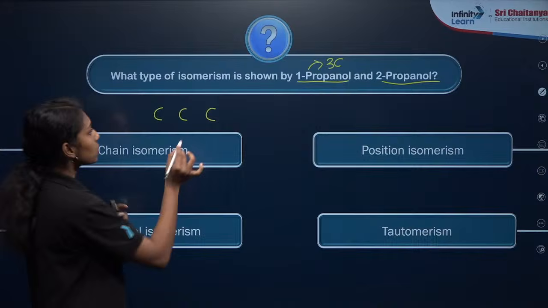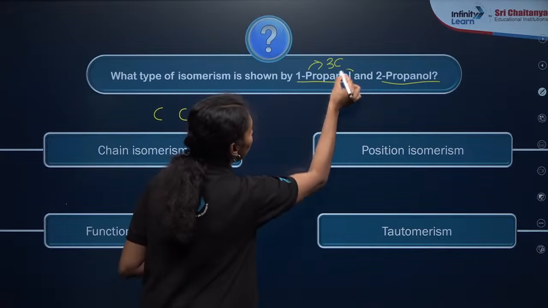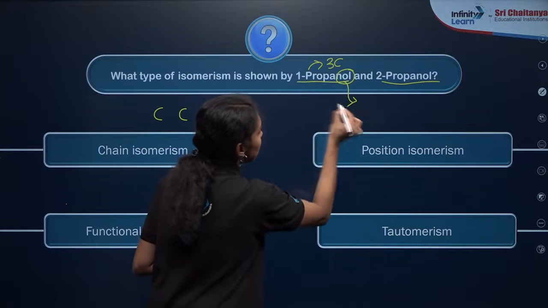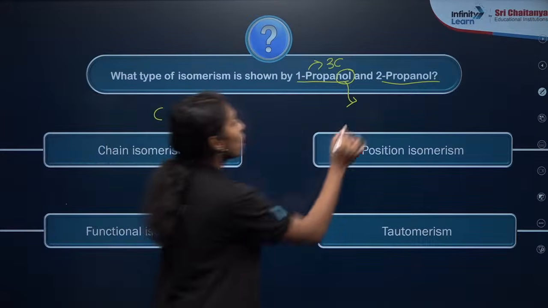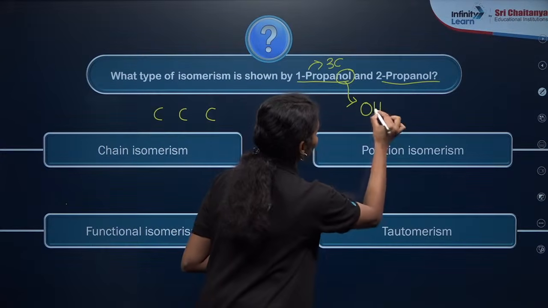So what you are observing here is propanol, which means it is an alcohol, so the functional group is the OH group.